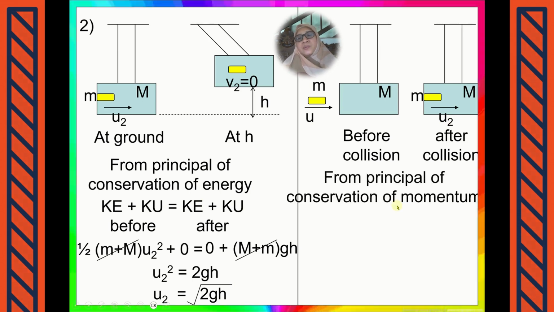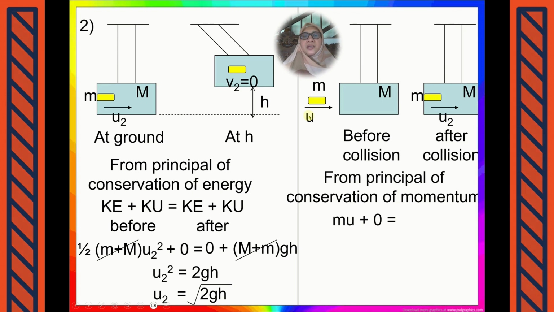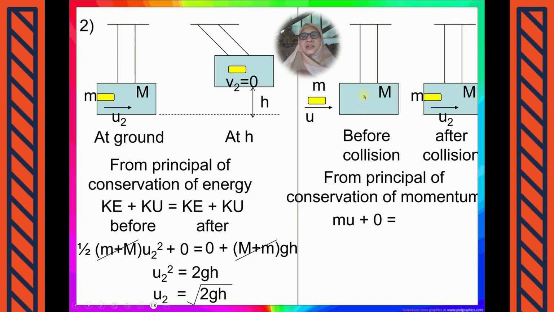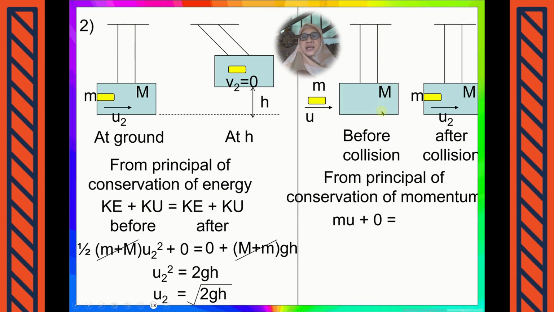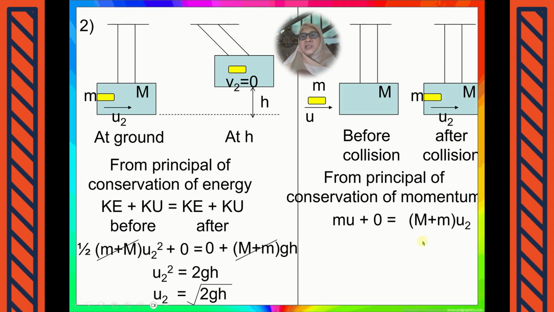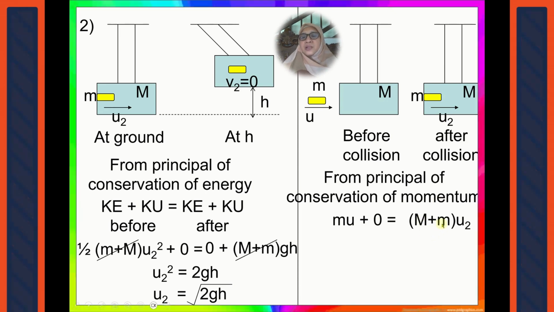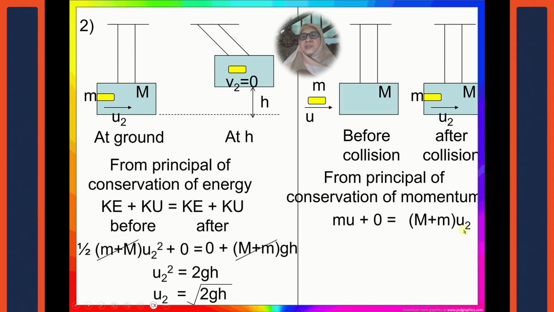So now we use the principle of conservation of momentum. The momentum before is m times u for the bullet plus 0 for the pendulum, because it is stationary before collision. After collision, they move together, so the mass is the total of m plus capital M, the mass of the pendulum, times u2.